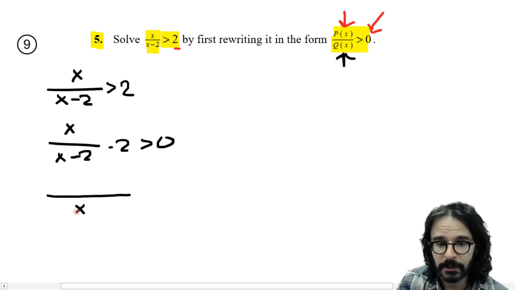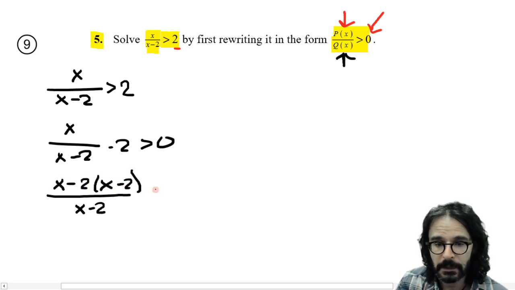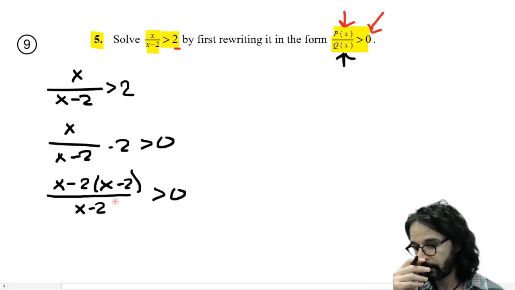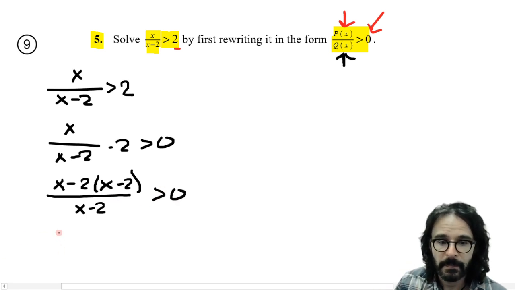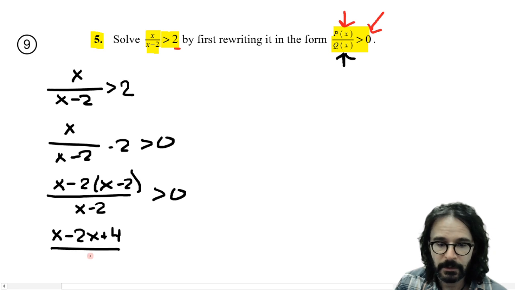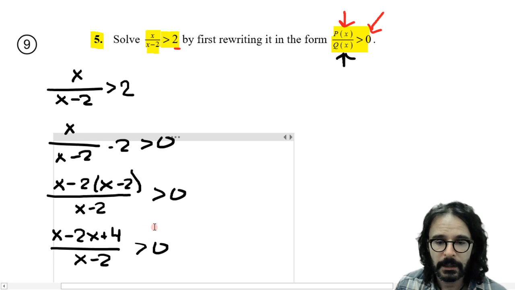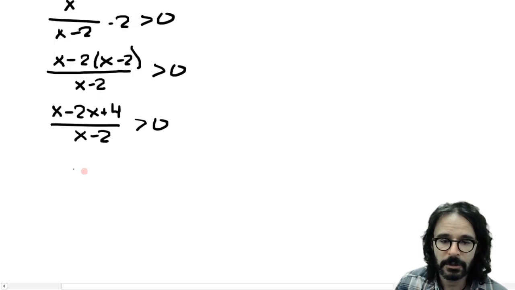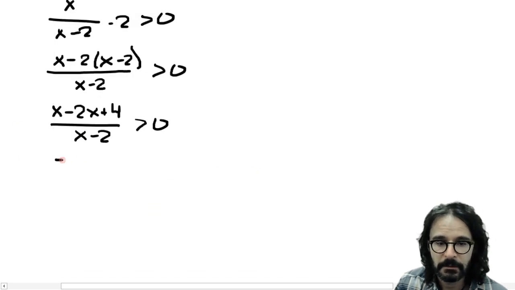The denominator is going to be x minus 2, and the numerator is going to be x minus 2 times x minus 2, greater than 0. We'll expand this: x minus 2x plus 4 in the numerator, denominator x minus 2, greater than 0. Combining like terms, x minus 2x is minus x, so we have minus x plus 4 over x minus 2, greater than 0.